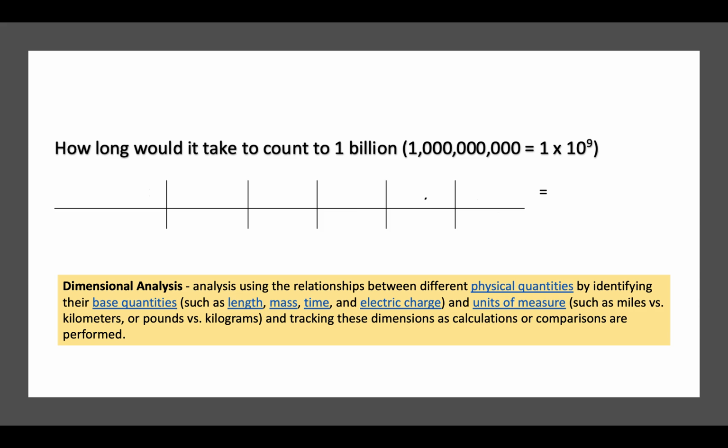So here's a way to do this. We put down the amount that we have. In this case, we're talking about counting to 1 billion. And then we want to get to something that we can relate to over here at the end. First we need to define what we mean by count, put it in some time unit.